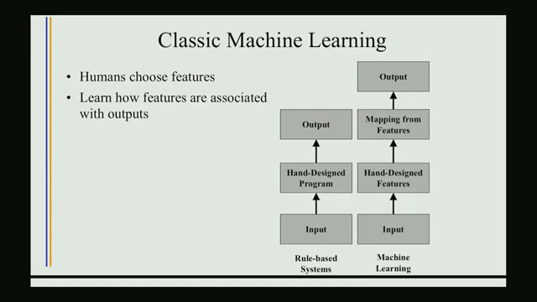And then we evolved into the machine learning world where now it's not so much about the rules, but about features. So what is a feature? Well, in the world of chess, let's say, a feature might be the board positions of all the pieces. So the position of the king or the queen or the queen's rook, whatever it might be, are all features of the board.